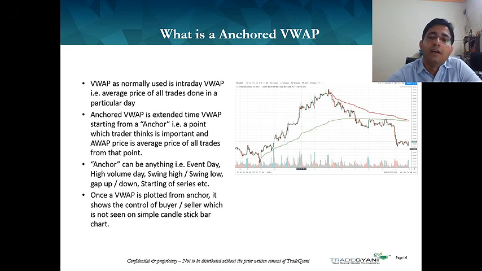Also, interestingly, if you have noticed, for the last 2 months, Nifty as an index is closing at or about its VWAP, of the month, not of the day, on the expiry day. So for that calculation, we can also use anchored VWAP.